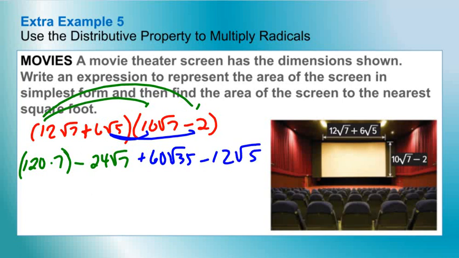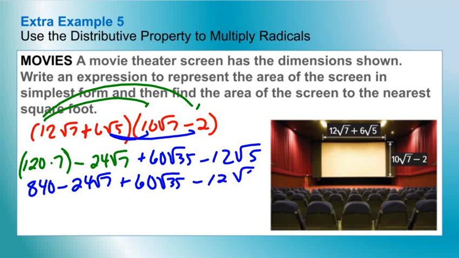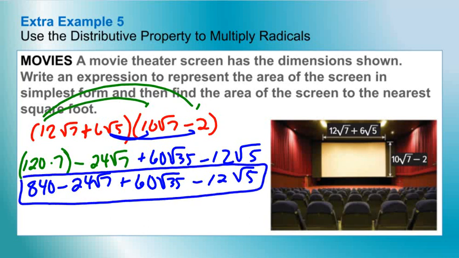So to simplify that, 120 times 7 gives us 840 minus 24 square root of 7 plus 60 square root of 35 minus 12 square root of 5. And that would be our area.